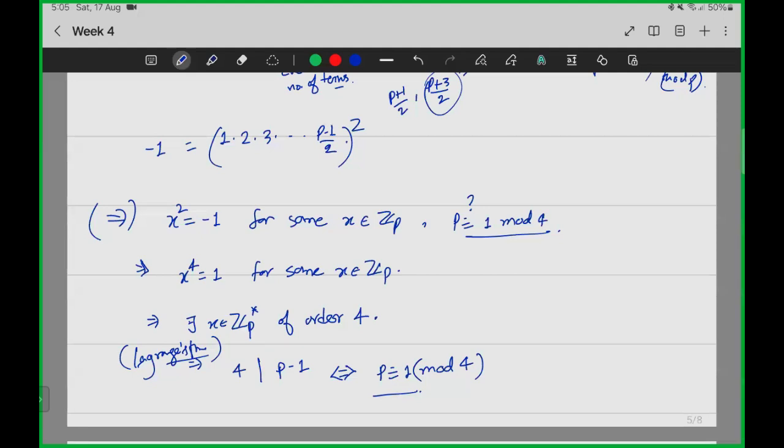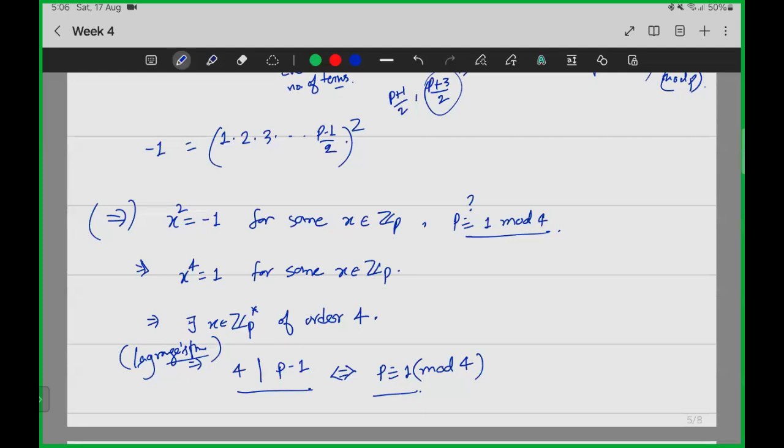Not all the steps are if and only if, right? 4 divides p minus 1 doesn't imply that there exists an element of order 4. Cauchy's theorem tells us that if you have a prime, then you can have an element of that prime order.